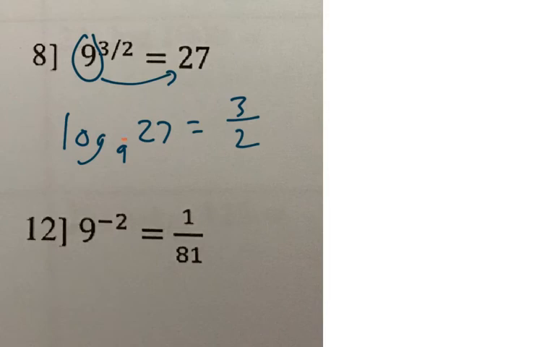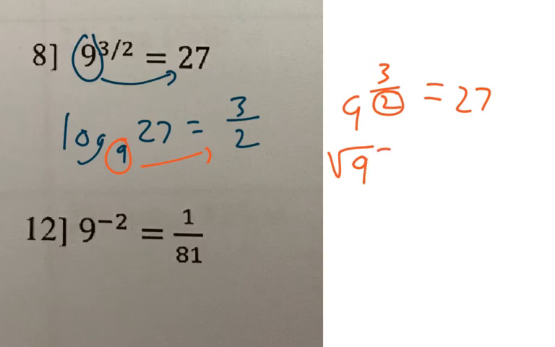Well, if I take 9 to the 3/2 power, do I get 27? And the answer is yes, because remember, that 1/2 means square root of 9, which is 3, and the 3 power means I cube it, which is 27. All right, let's do the next one.